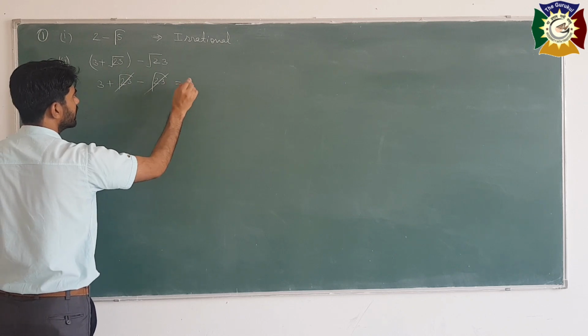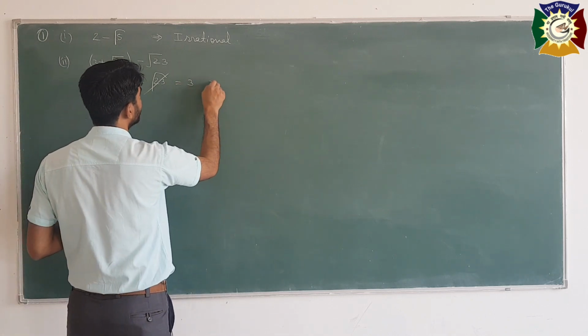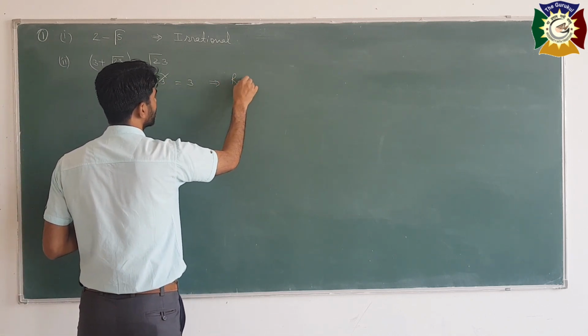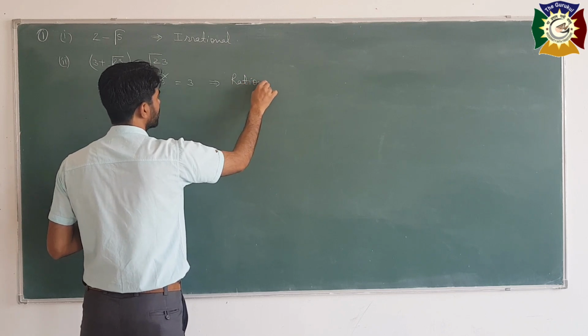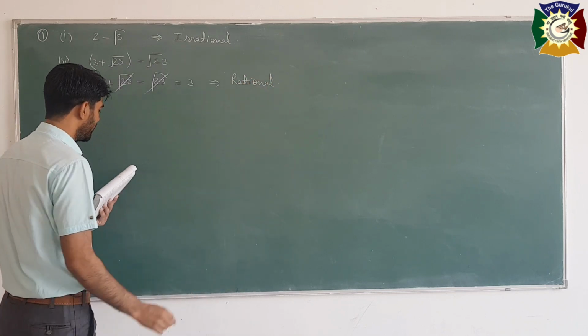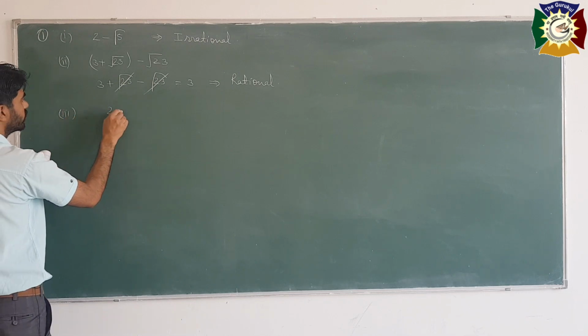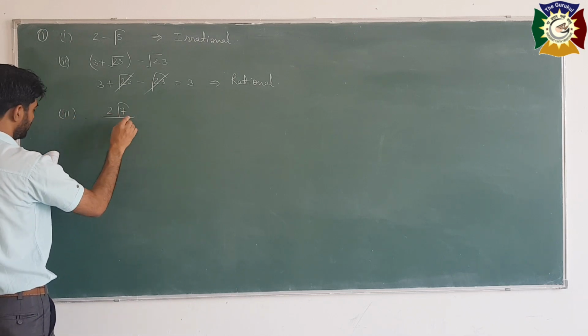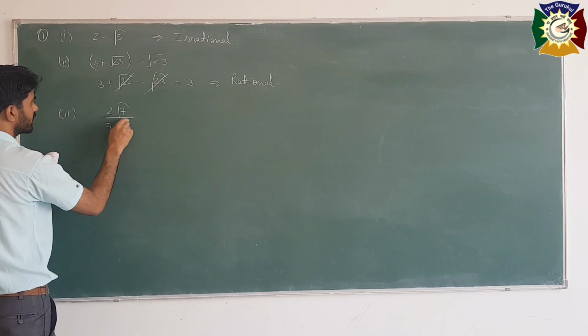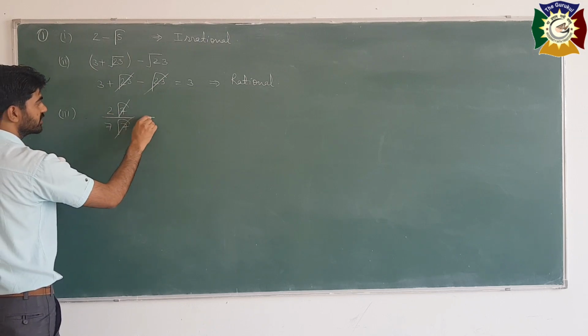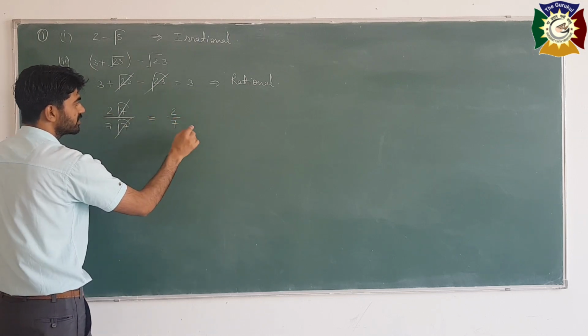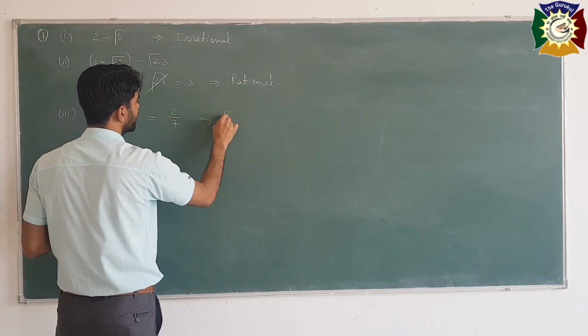Answer is 3, and 3 is rational, so this will be rational. Next is third, 2 into root 7 divided by 7 into root 7. Root 7 cancels, it is 2 by 7. So again it is rational.